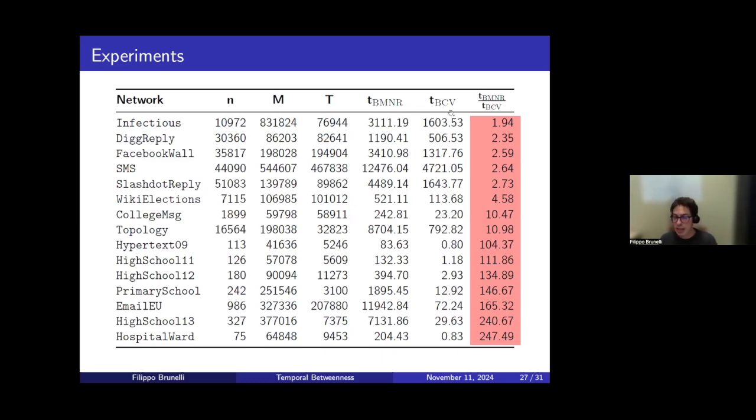But whenever we set beta equal to infinity and we consider shortest walks, we are actually computing shortest paths. So basically the result is indeed the same. We are computing the same objects, so the comparison is fair.